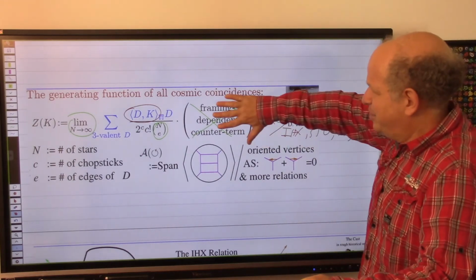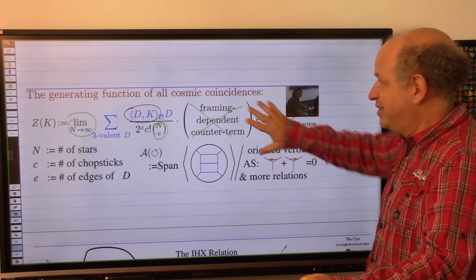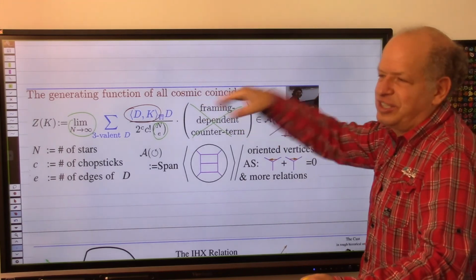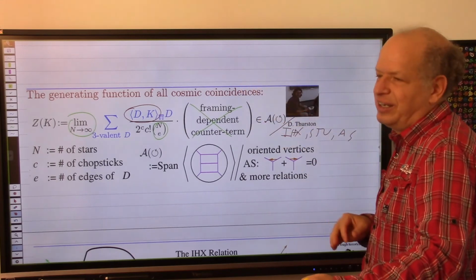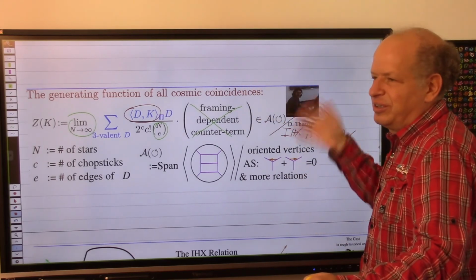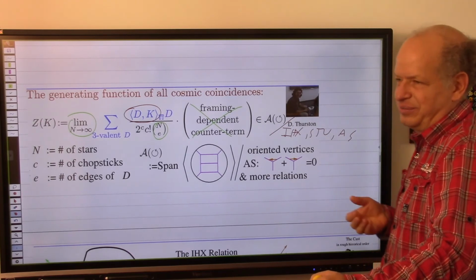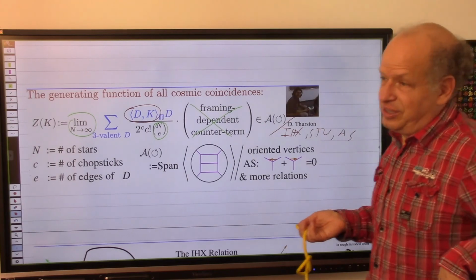In a sense, this predates finite type invariance. This is somehow a direct consequence of Chern-Simons theory. So it predates finite type invariance by about a year or two. Not by a lot. Okay, but I'll have to continue the discussion next time.